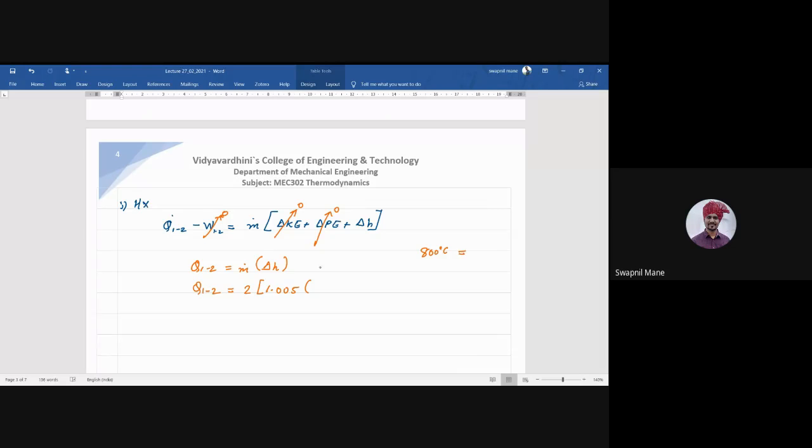Convert it into Kelvin: 800 plus 273, it becomes 1073. So it will become 1073 minus T1. T1 is how much? 15, so 288. Yes. So this is okay.